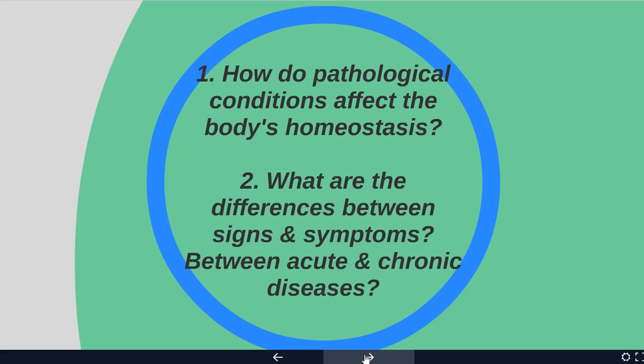Pathological conditions cause abnormal conditions that are measurably changed. So if you have a bacteria or a virus or something that comes into the body, there should be some type of negative effect or change that is measurable. And that causes fluctuation in the balance between the good and evil in the body, and thereby reduces the body's ability to achieve that homeostatic level.